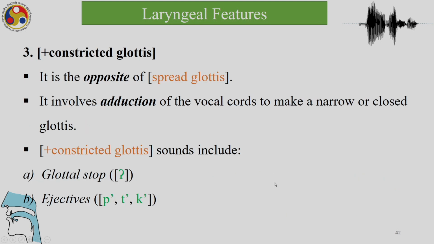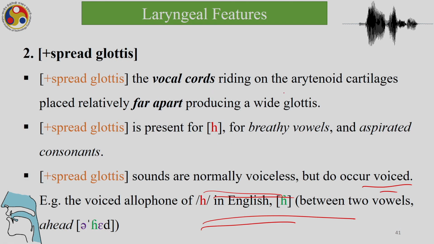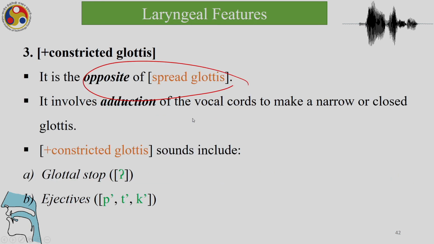And plus constricted glottis is the opposite of the spread glottis. It involves the adduction of the vocal cords to make a narrow or closed glottis. Plus constricted glottis sounds include the glottal stop and ejectives, which we have seen in the lectures on articulatory phonetics and diversity in the world's languages.